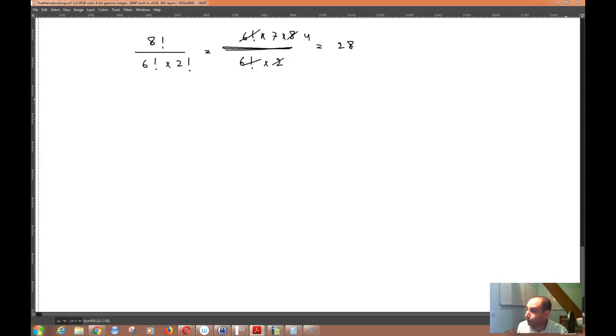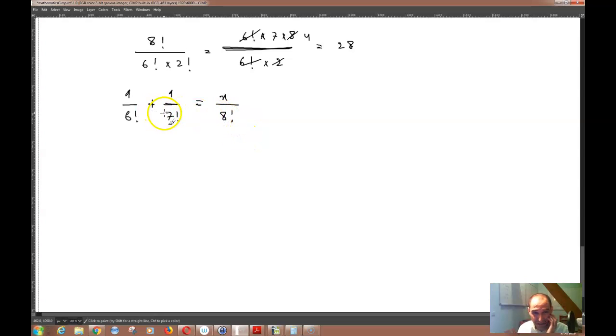Okay, so you have 1 over 6 factorial plus 1 over 7 factorial is equal to, for example, x over 8 factorial.